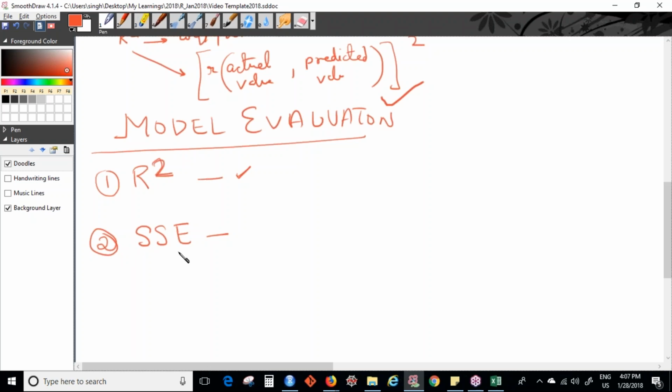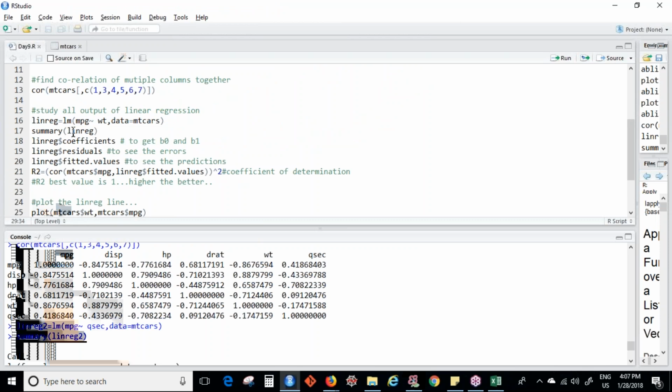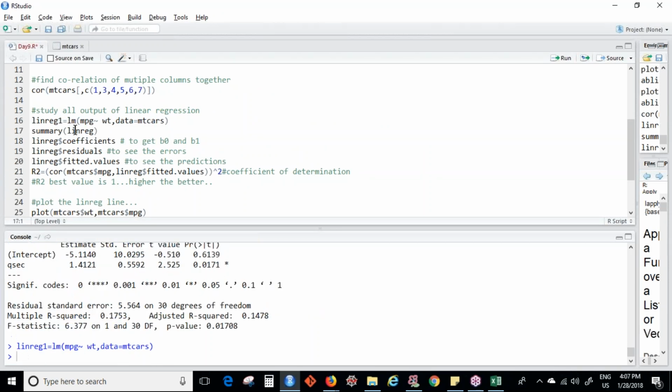Lower value, right? Because it is an error term. R square is an accuracy term, so higher the better, but SSE is an error term, so lower the value the better it is. So let's find the sum of squared error now for the two models that we calculated. We calculated the accuracy for this model, right? Let me call it linear regression 1 instead of linear regression.